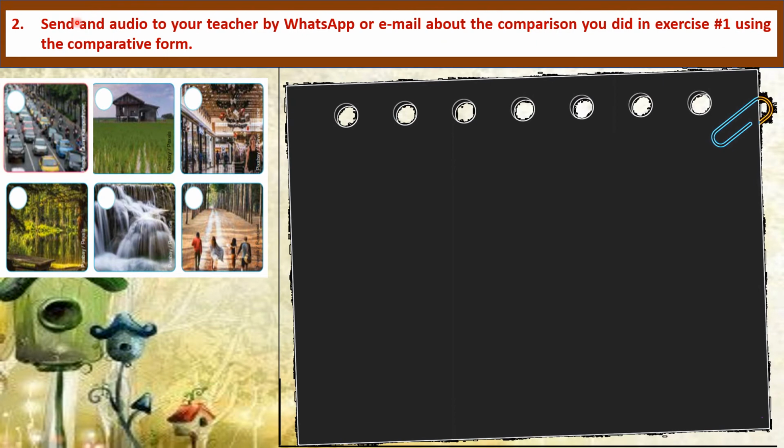Activity number 2. Send an audio to your teacher by WhatsApp or email about the comparison you did in exercise number 1 using the comparative form. In this exercise, you're going to create a sentence for each picture, but in this sentence, you're going to use comparison.